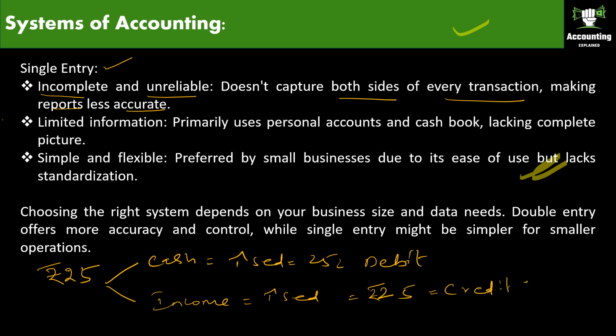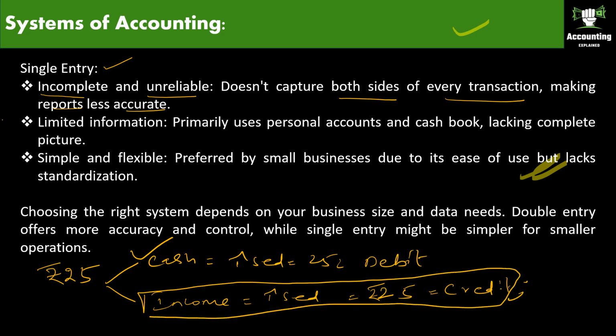When you follow single entry, you may have only recorded cash and you may not have recorded the income increase. So only debit you have increased. So this becomes single entry. You may have forgotten, or you may have totally avoided to increase the income.